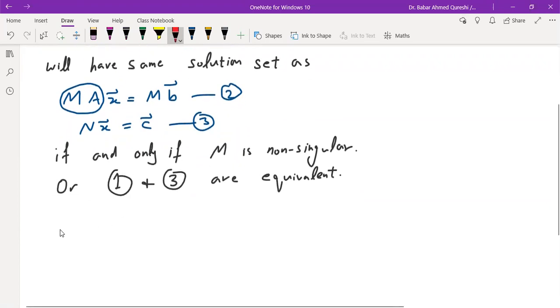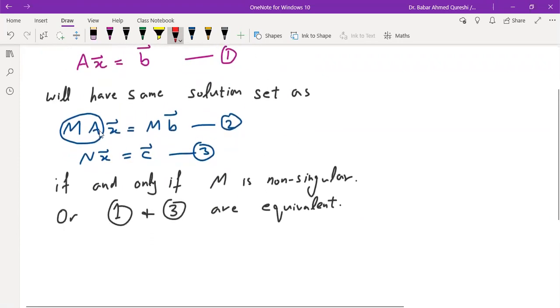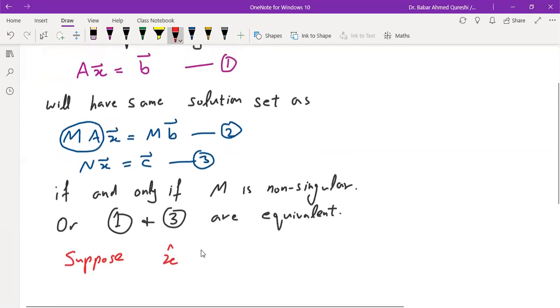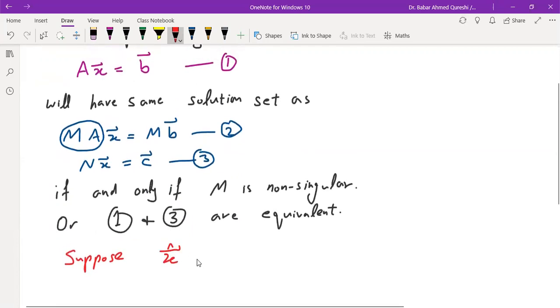So I have to prove it two ways. I have to prove that any solution of 1 is also a solution of 3. And then the reverse, because they're equivalent: any solution of 3 is also a solution of 1. So suppose this x hat, a list of numbers, is any arbitrary solution. I'm not fixing it.